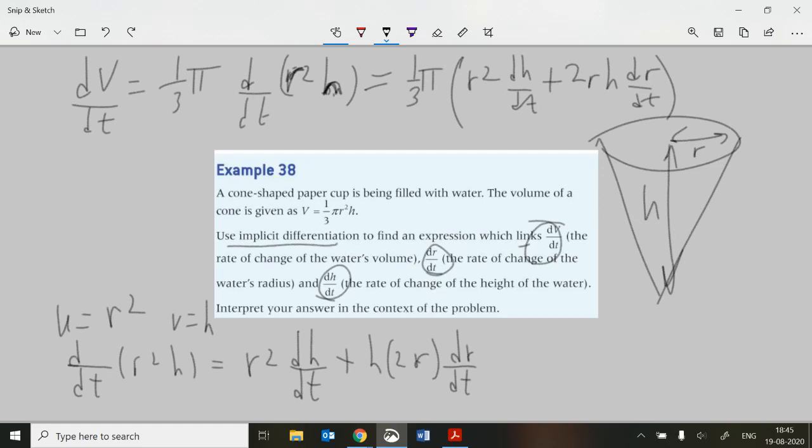So now if we assume that dV/dt is positive, then given that the cone is fixed, the cone's measurements aren't going to change here, then if we're going to have an increasing volume of water, that will depend on dh, the height increasing, and also the radius increasing as well. And there is a rate of change of the radius, and there is a rate of change of the height.